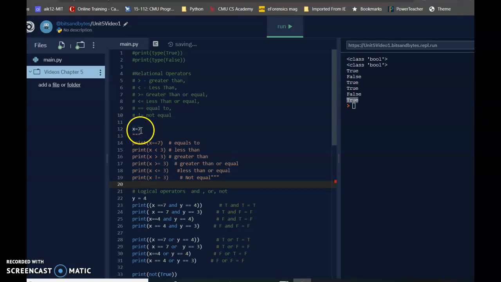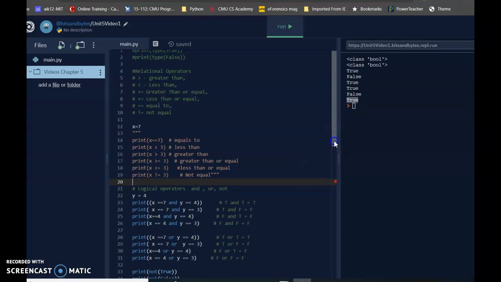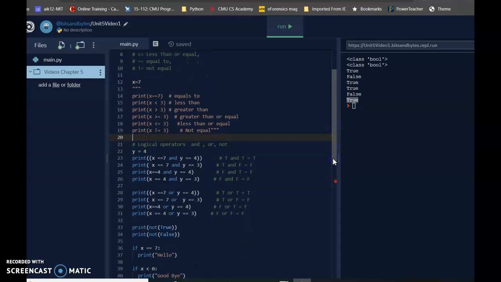I'm still going to keep x equals 7 up here, and I now bring in y equals 4. Logical operators are and, or, and not. Those are your logical operators, and we combine those with your relational operators to produce true or false expressions.